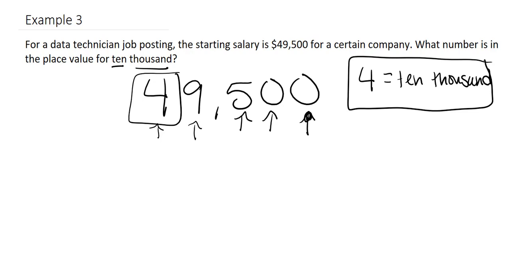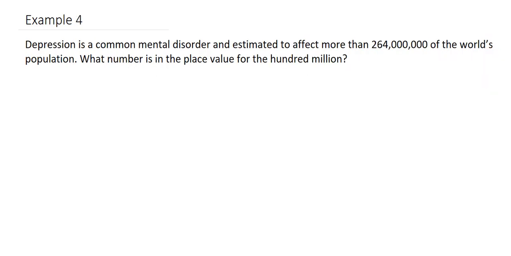Now, let's look at another example. Example 4. Depression is a common mental disorder and is estimated to affect more than 264 million of the world's population. What number is in the place value for the 100 million? For this, we'll rewrite the number.